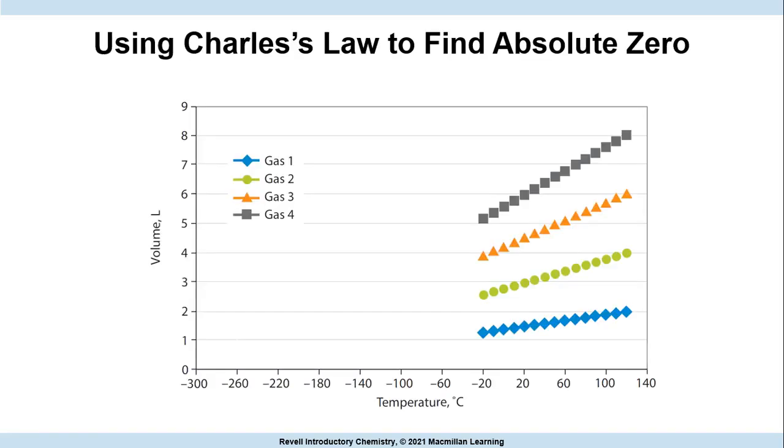Alright, now let's see how we can use Charles's law to find absolute zero. Absolute zero is the temperature at which a substance has zero activity. Now, Charles used a graph here. He used different gases, and he discovered that as the pressure was reducing and reducing, all the gases had absolute zero at the same temperature.